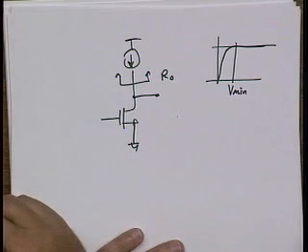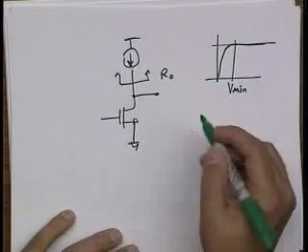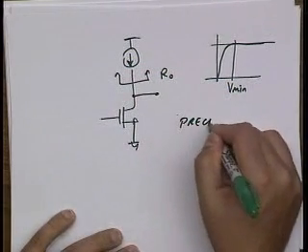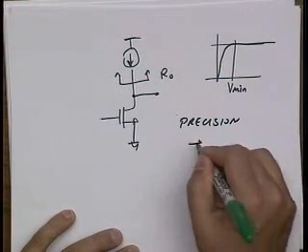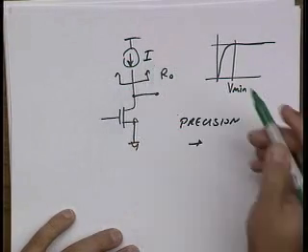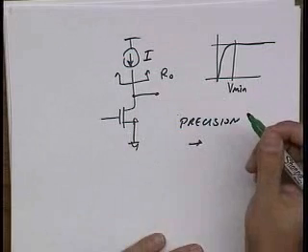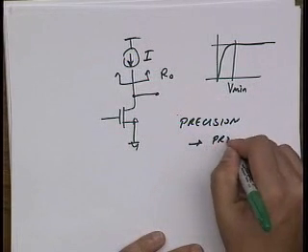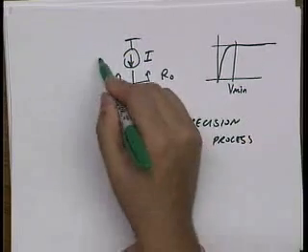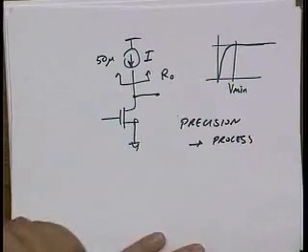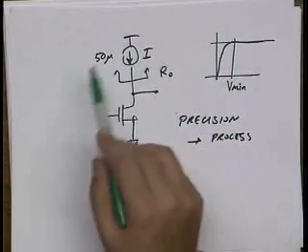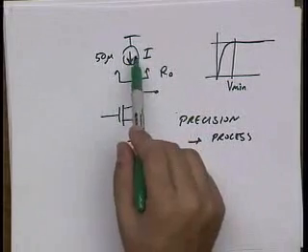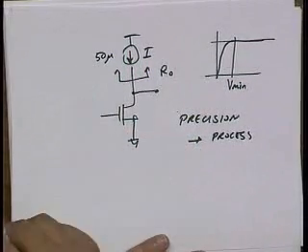Variation over temperature. Good. So basically, let's just say precision. Maybe I do want the current to change in a given way, but for now I don't want it to vary with process. Let's say I want 50 microamps. If there's process variation and I get 60, 75, 20, I'm going to be in trouble.